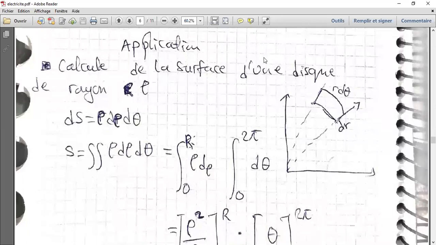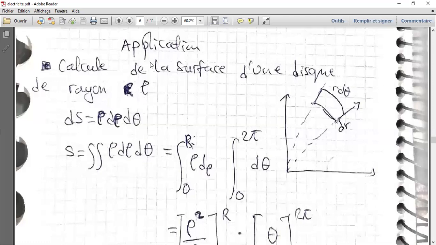One of the questions they can ask you is: calculate the surface of a disk of radius rho, where rayon is just radius.